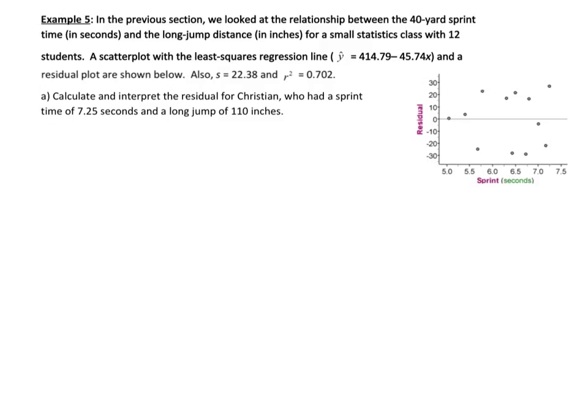We're going to calculate a residual for a student who had a sprint time of 7.25 seconds and a long jump of 110 inches. This 110 is his actual long jump amount, so we're going to refer to that as actual. Now remember that residual is actual minus predicted.